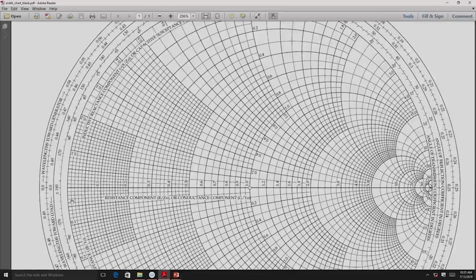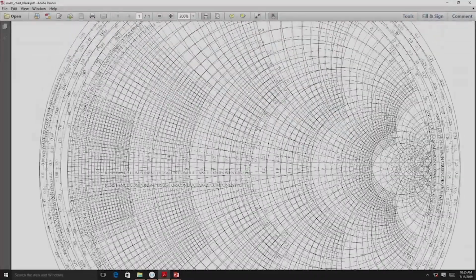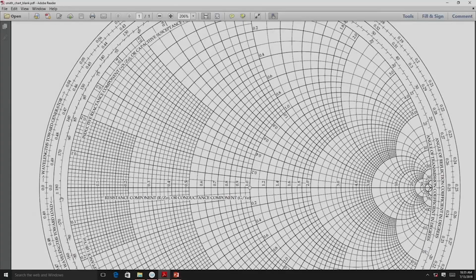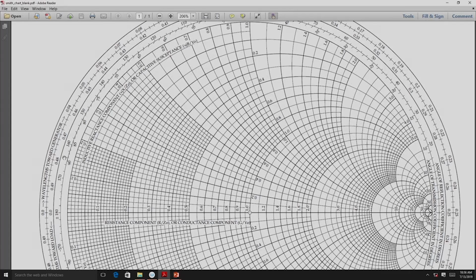Now, we can see that here at the periphery of the chart, we have the wavelengths marking. Please note that in a Smith chart, if you move around the center of the chart, make a complete circle, then essentially a lambda by 2 distance is covered on the transmission line.